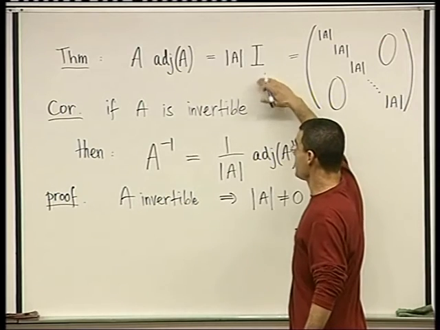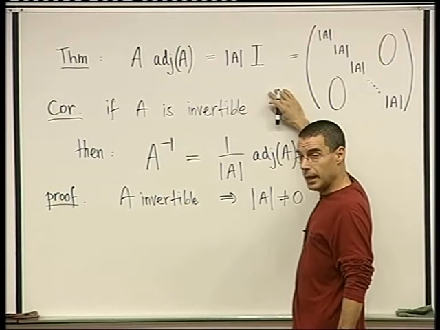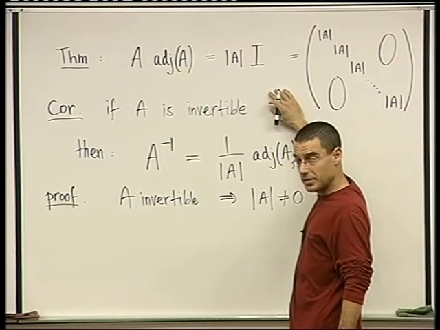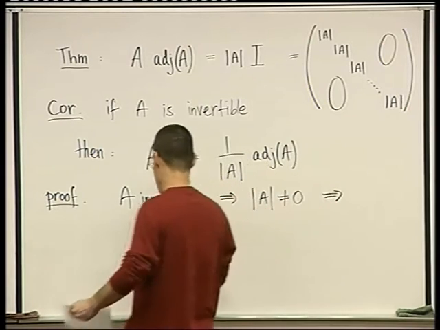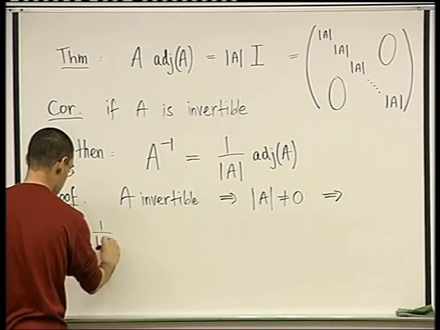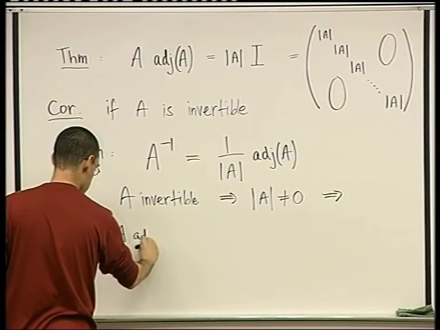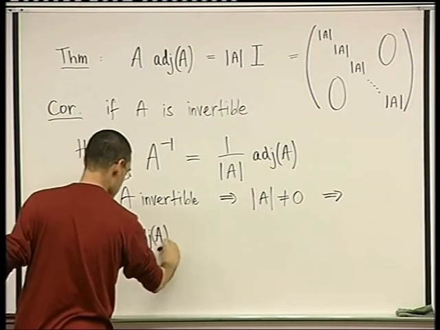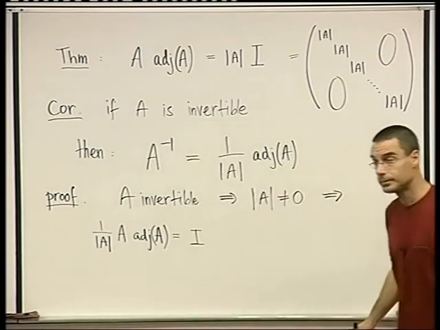Therefore, we can take this theorem and divide both sides by the scalar det A, the determinant of A. Therefore, 1 over the determinant of A times Adj A equals just the identity matrix.